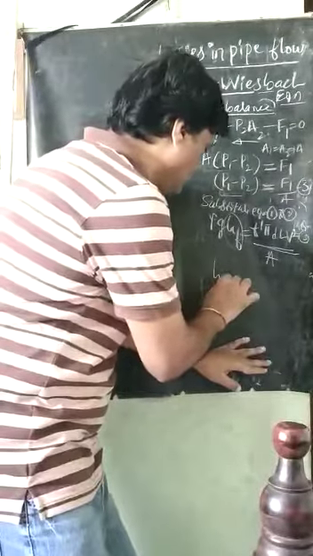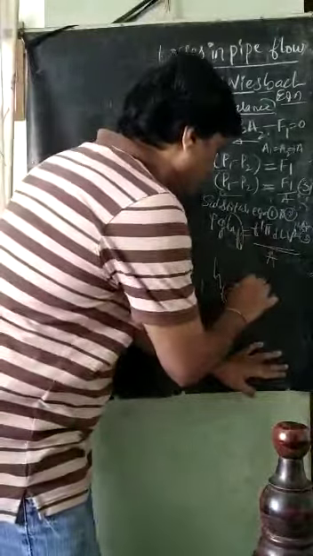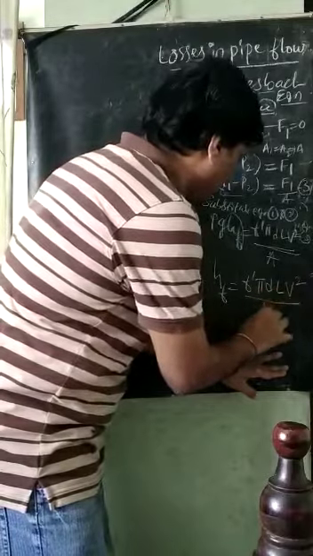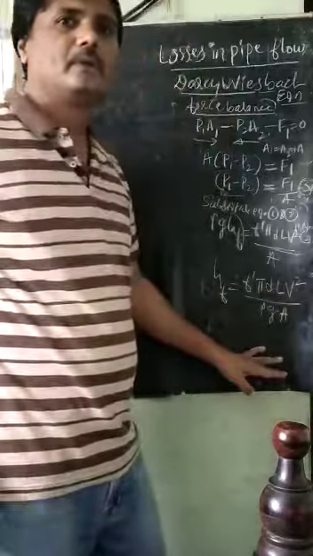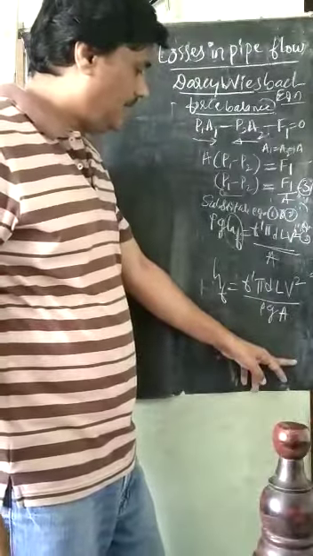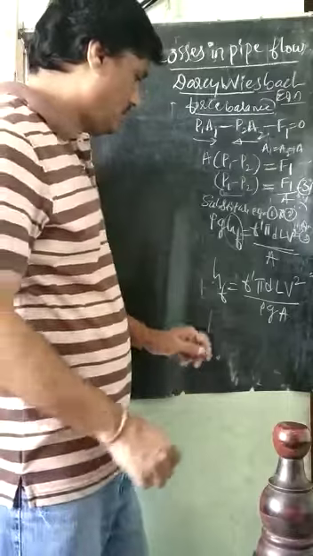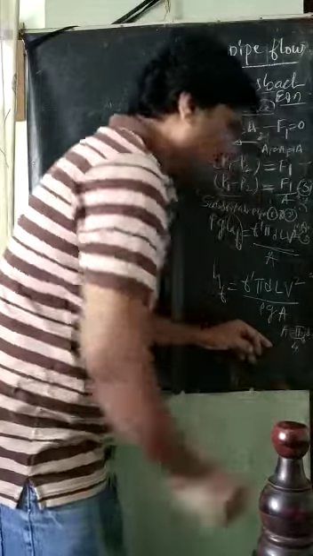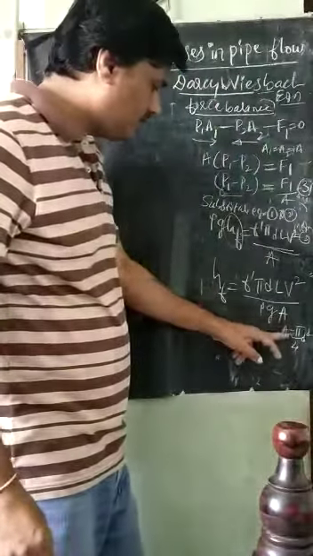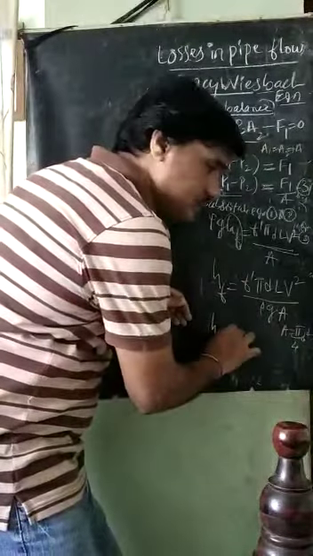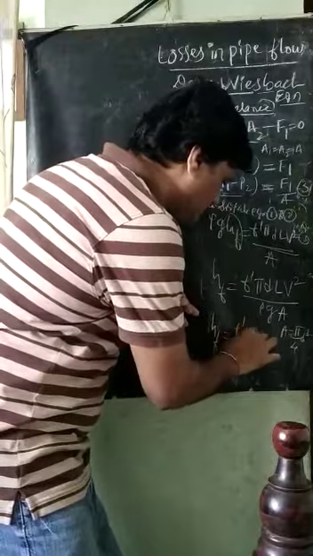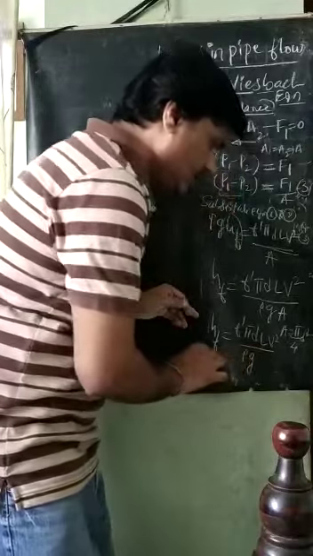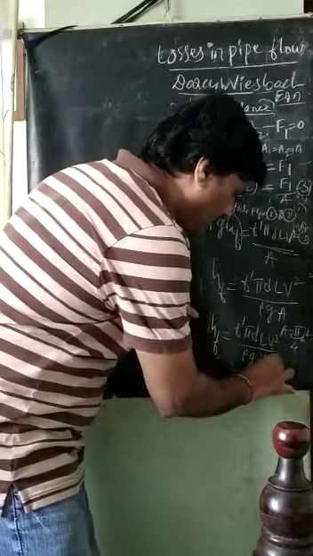Therefore head loss due to friction hf is equal to F dash pi dl V square divided by rho g A. Now again I can simplify this, because the area A is equal to pi by 4 into d square. So I will substitute this area: hf is equal to F dash pi dl V square divided by rho g into pi by 4 into d square.